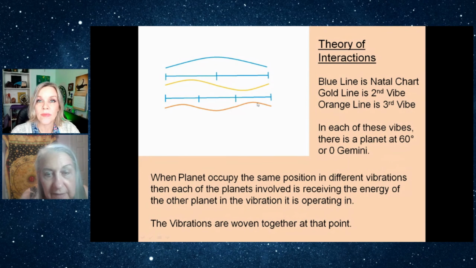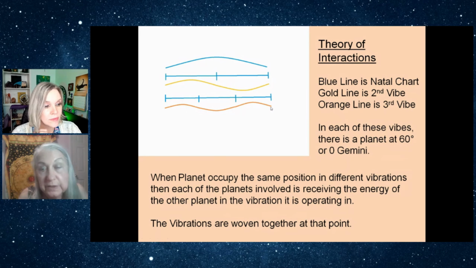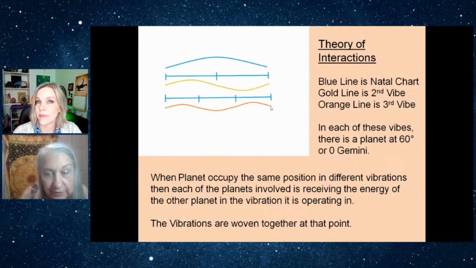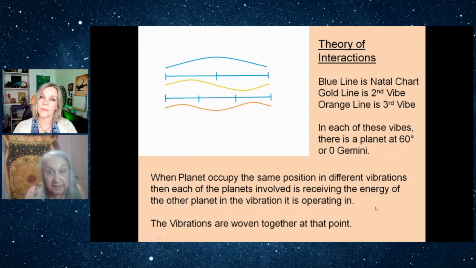This 3-curve wave, the orange one, is for a planet that's in the third vibration that is at 0 of Gemini. It makes sense theoretically that when a planet occupies the same position in different vibrations, each of the planets involved is receiving the energy of the other planet in the vibration that other planet is operating in. The vibrations are woven together at that point.